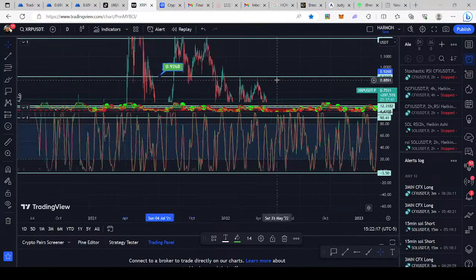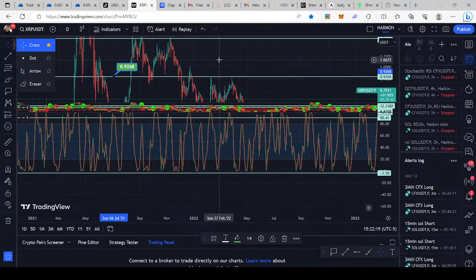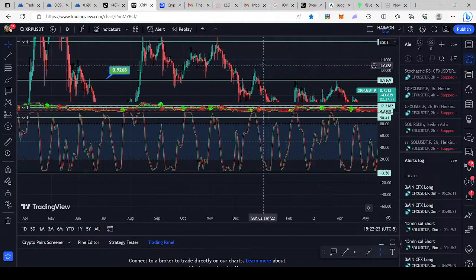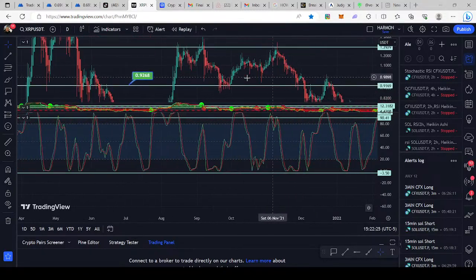So if you knew how to do this basic little breakdown here, you would have known that you should have been looking for a target of 92 cents, right? See that? 92 cents. Okay? Then you could have set your profits for XRP at 92 cents, and you would have made a ton of money on this last pump.